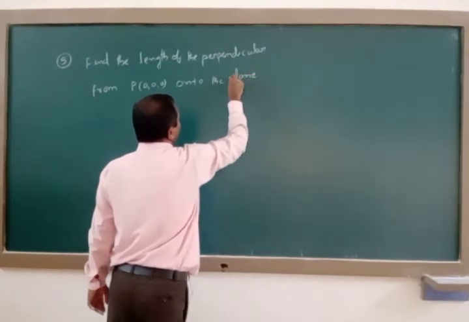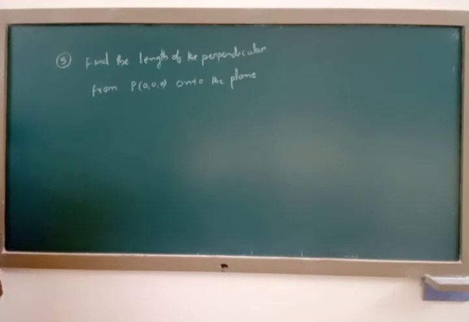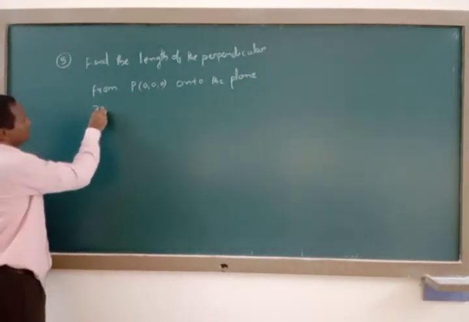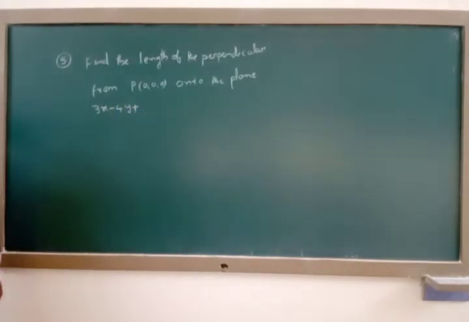The plane equation is 3x minus 4y plus 12z is equal to 3.